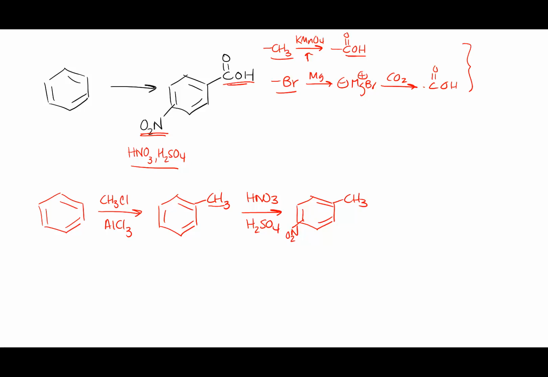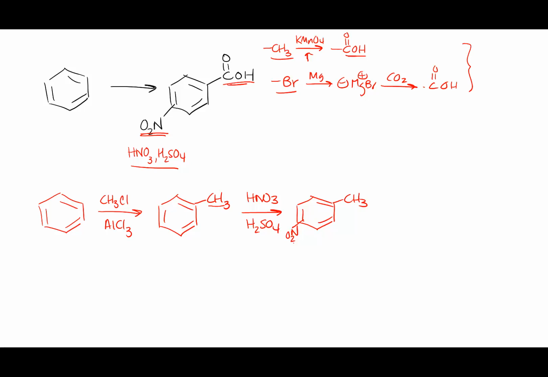Now, in these synthesis problems, if you were to get both ortho and para products, you can ignore one of them and just go on with the product you want. That's perfectly legitimate. So in this case, yes, I would get both ortho and para products, but I'm only interested in the para product, so I'm just going to write that one down.